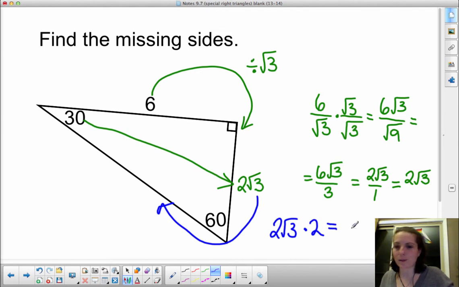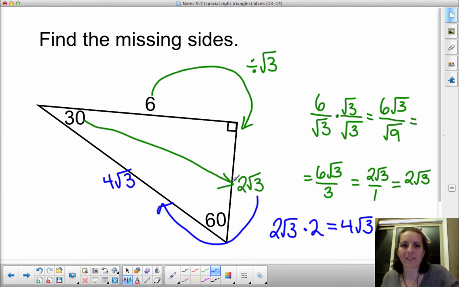And those are both outside, so we end up with 4 root 3 is the length of the hypotenuse. Now a 30, 60, 90 triangle is the only kind of triangle that has a relationship where the hypotenuse is twice the smallest leg. It's the only right triangle where that happens. Kind of cool, but it's a fact.